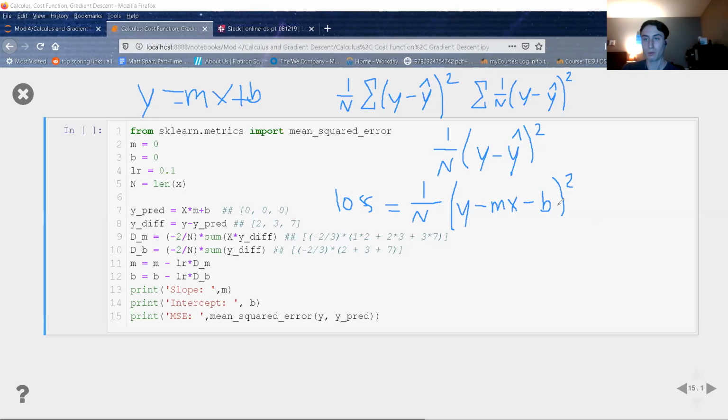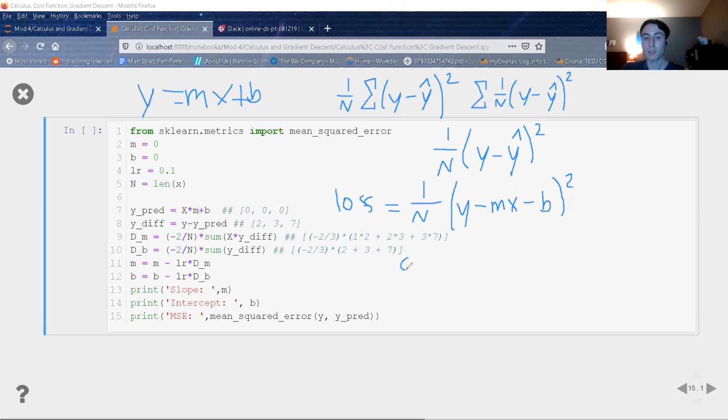Now we can take the derivative of this. We have to use both the chain rule and partial derivatives. I know you're probably thinking x and y are our two variables, so we would take the derivative with respect to x and y, but we're actually going to know our y true and our x. These are going to be constant numbers for each point that we plug into this. So the two variables that we're trying to figure out are m and b.